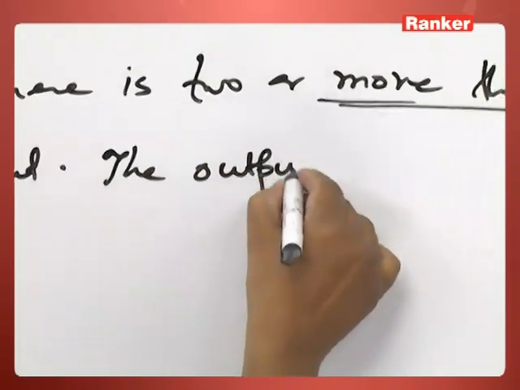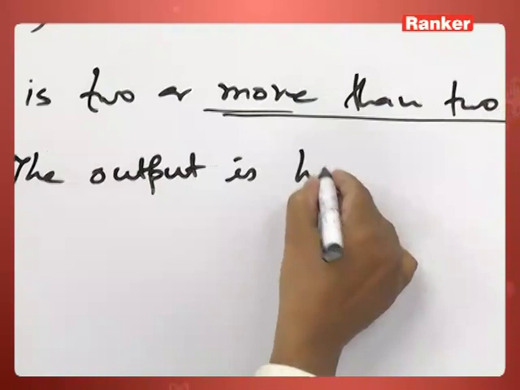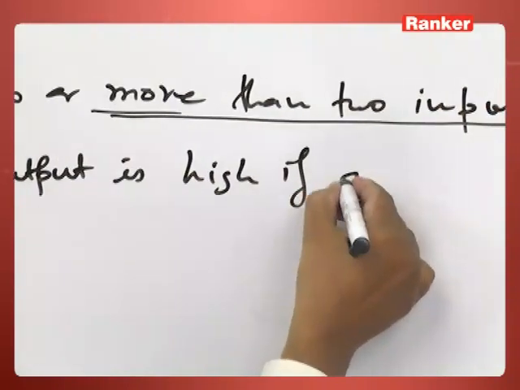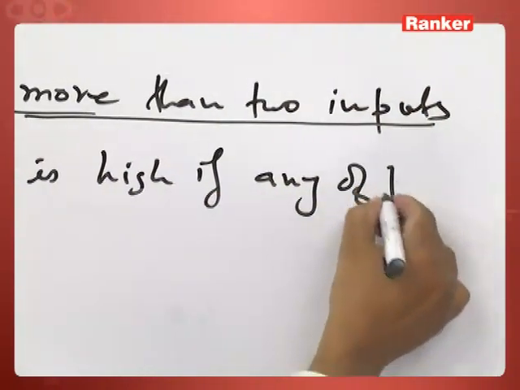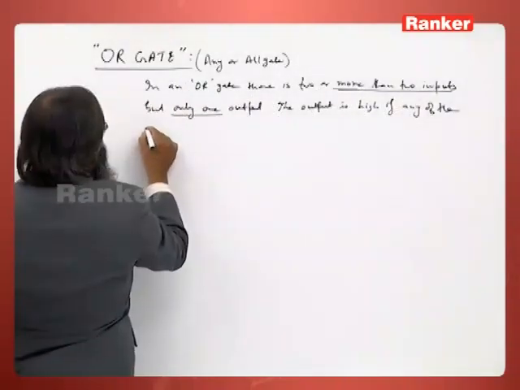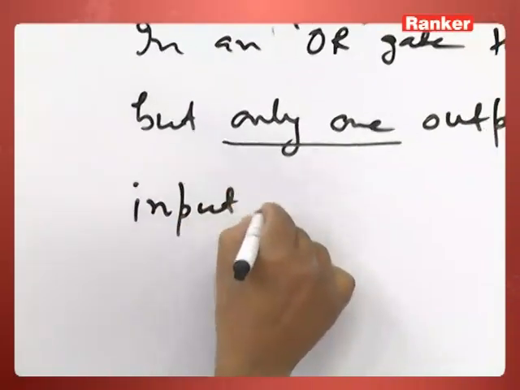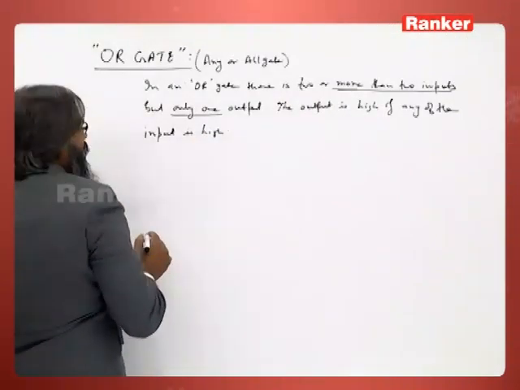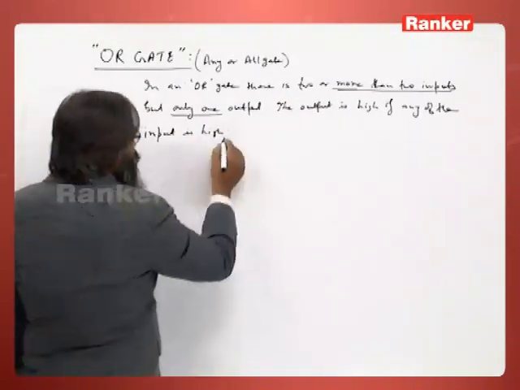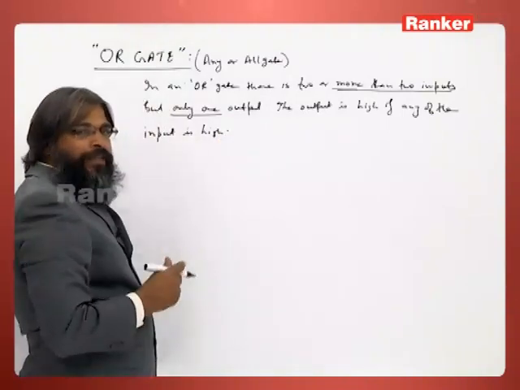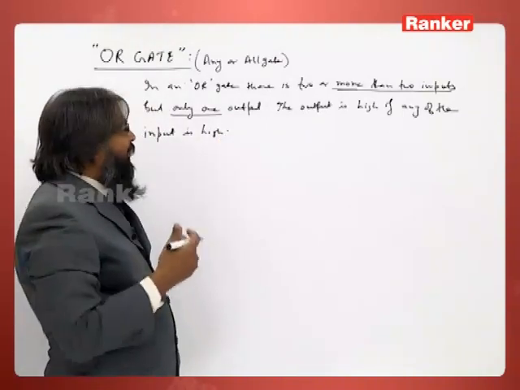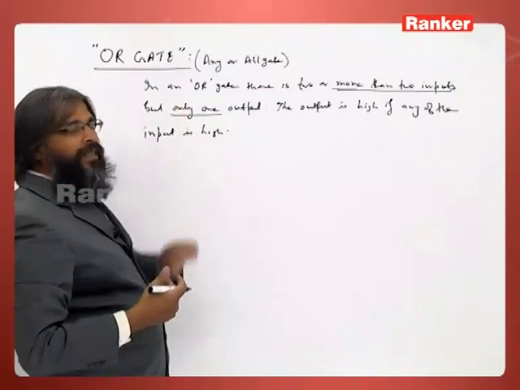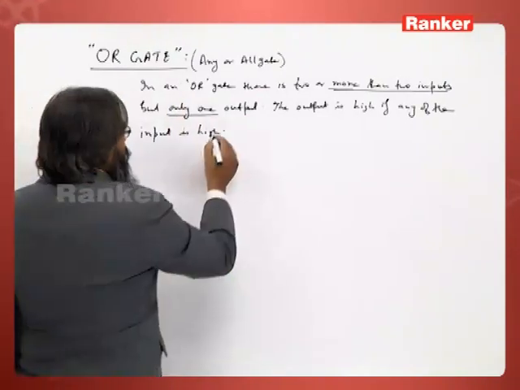The output is high if any of the inputs is high. Any of these inputs is high. So we use a special type of mathematical algebra called Boolean algebra to describe this operation.